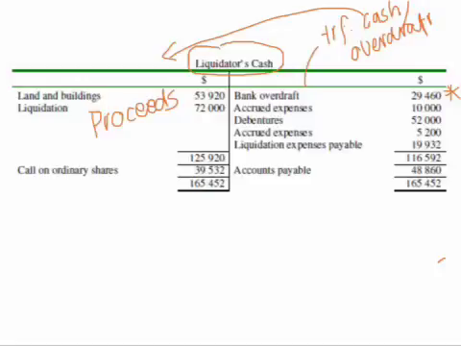The next step is then to settle the creditors. This, of course, is done in terms of the ranking of the creditors. First of all, we would have considered any secured creditors with a fixed charge. They would have been settled before we pay any further creditors.